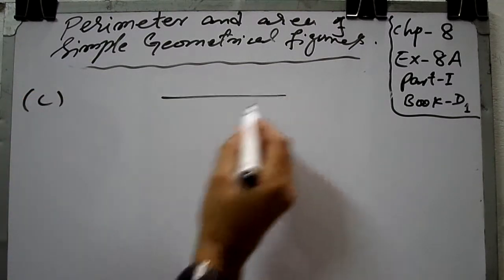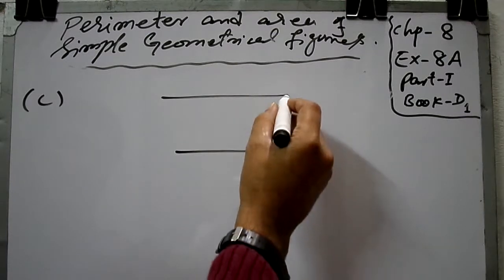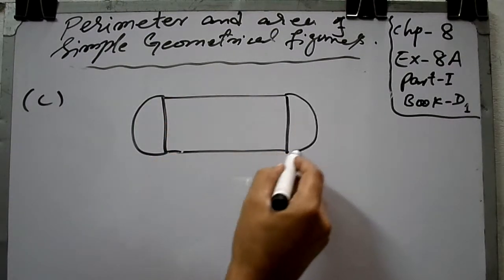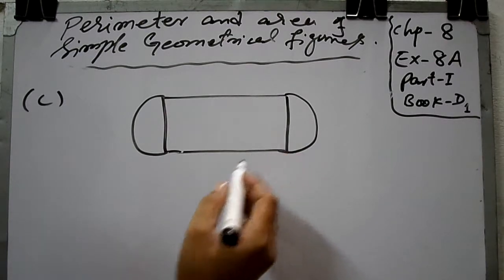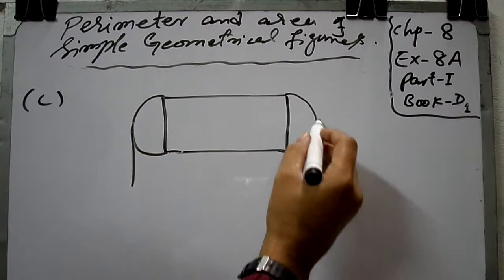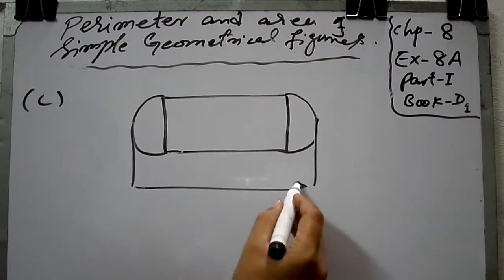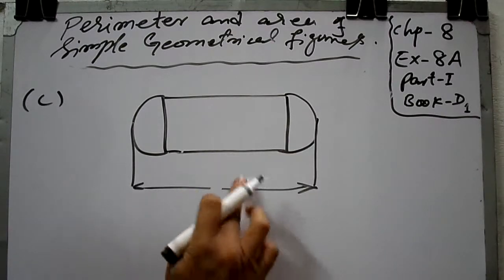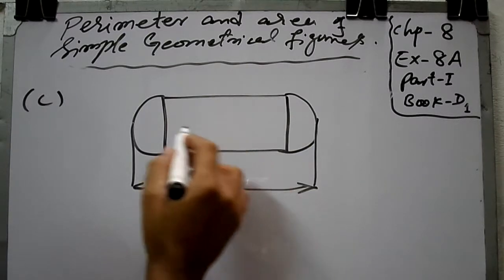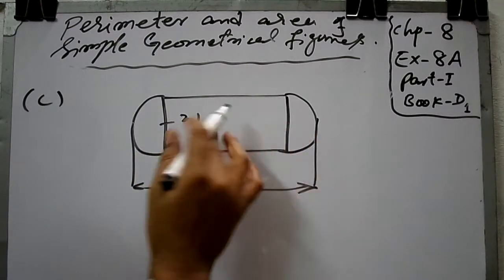Figure you can see here like this. You have a semicircle here, you have a semicircle here. So the full length is up to this, and that is 36, and this one is 21, so this one also will be 21.